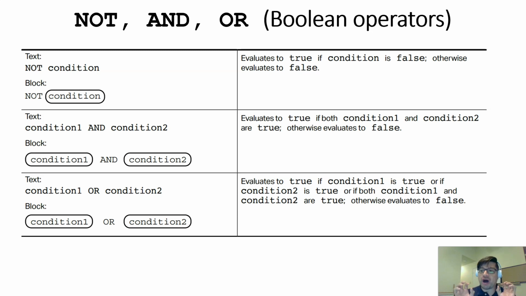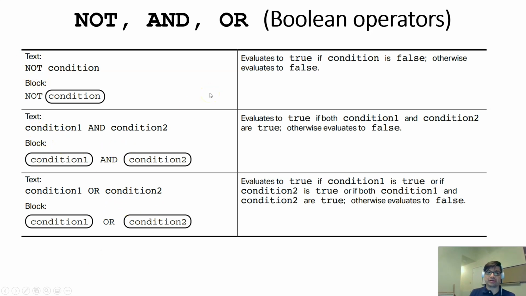But the actual operands, like if you say 2 times 5, times is the operation, 2 is an operand, 5 is an operand. The operands were numbers. Well, for our Boolean operators, our operands are going to be Booleans. The three of them are not, and, or.